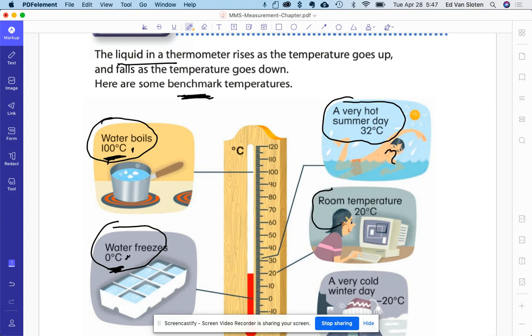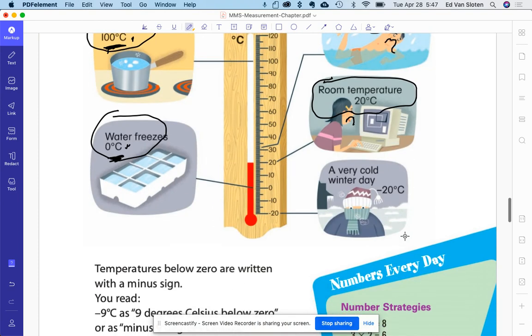Temperature inside, 20 degrees Celsius. So you can see how happy this person is. That's not an unhappy face, that's a mustache. And then you can see this person: it's minus 20 out, so they're bundled up.